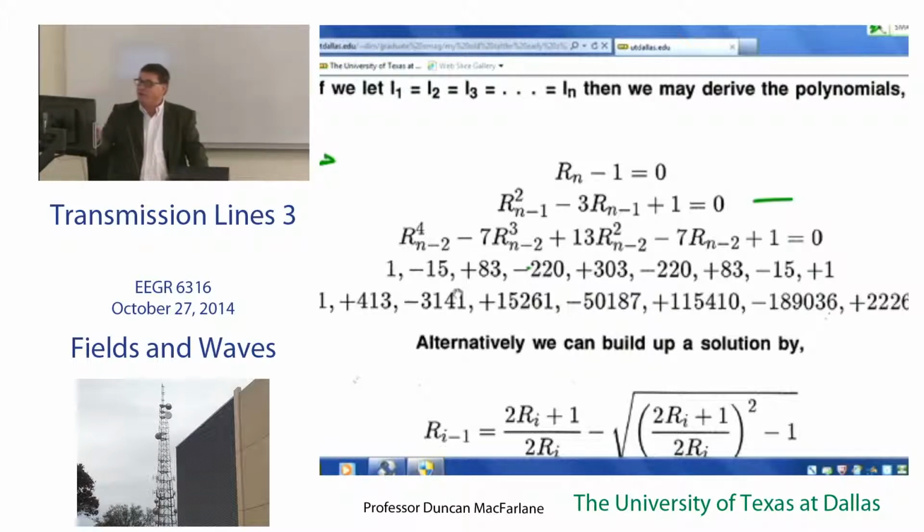And so this way we can build up the formula. Now, there's also some nice structure. You'll see 1, minus 3, 1. You'll see 1, minus 7, 13, minus 7, 1. And your polynomials, 1, minus 15, 83, minus 220, and 303. So there's a symmetry on these polynomials.